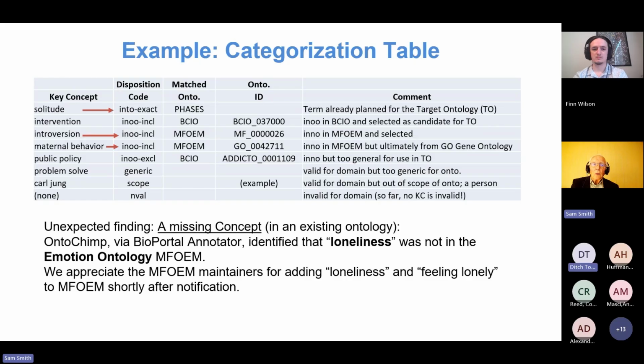The INOO term is used for a term that is in some other ontology, and such terms may either be included, such as introversion, as in the emotion ontology, or excluded, such as public policy in the BCIO ontology, which may be too generic to include in the solitude ontology.